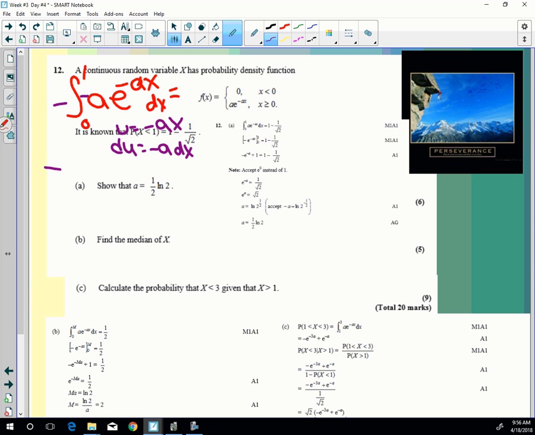So this is going to be the equivalent of e to the u du. All right? And so this is going to be negative. What's the antiderivative of e to the u? e to the u. Negative e to the negative a, or alpha, x, going from 0 to 1.